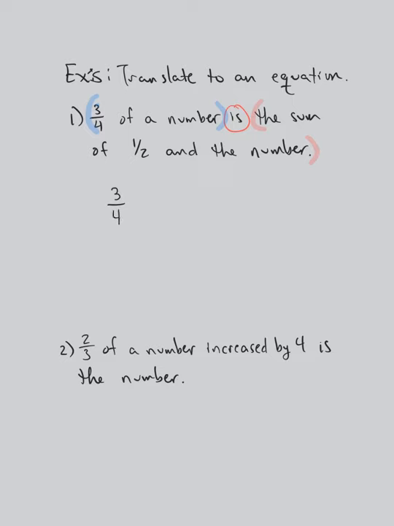I could say dot right there, or I could just write x, which is the way most people would write that. Then we have our "is", so we would say equals, and then the sum of, so we have a sum. Remember how we handle that phrasing with the sum of or product of. We find that and that separates the two things we're adding here. We're adding 1/2 and the number, like that. This is actually a pretty complicated equation to solve, but we'll talk later about how to actually solve it.